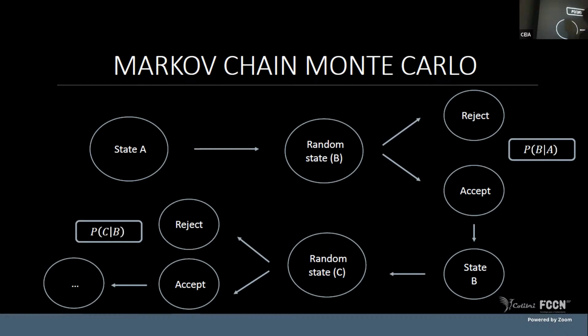Coins have 50-50% odds of having tails or heads, but now you have the probability distribution, so you have more probability of having tails or heads or whatever. So you get accepted if you do that special coin flip and you use that conditional probability. So you have the probability of having the state B if you have the state A before.